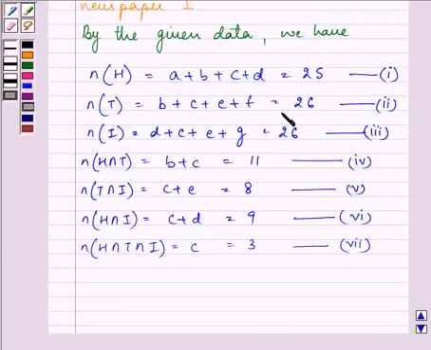Right. Now, we need to find the number of people who read at least one of these 3 newspapers.